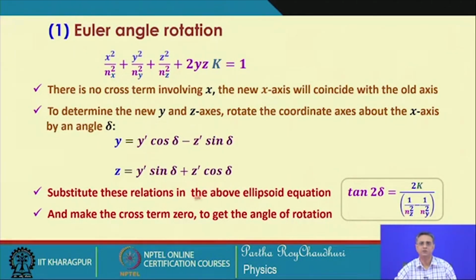Anyway, after substituting this relation in the above equation and making the cross term equal to 0, we get the required angle of rotation of the coordinate axis about the x axis, which will be provided by this, with 1 by n z square minus 1 by n y square.